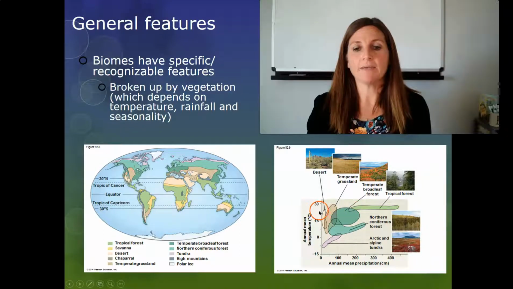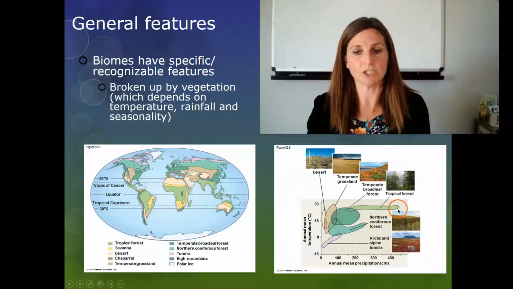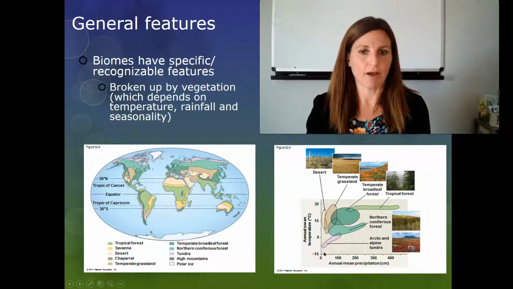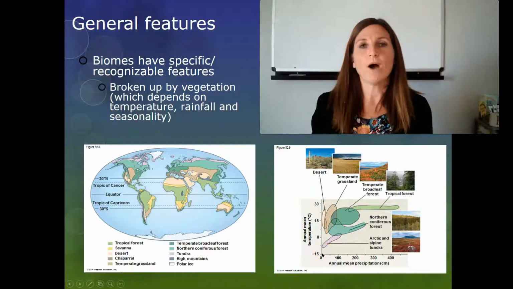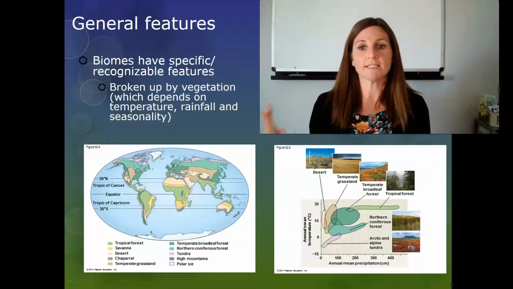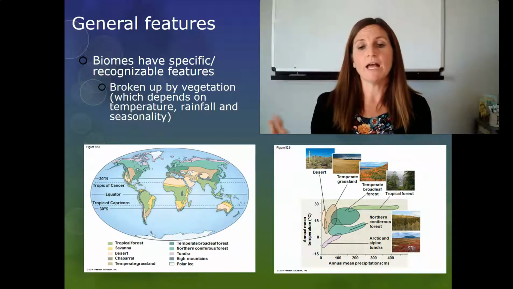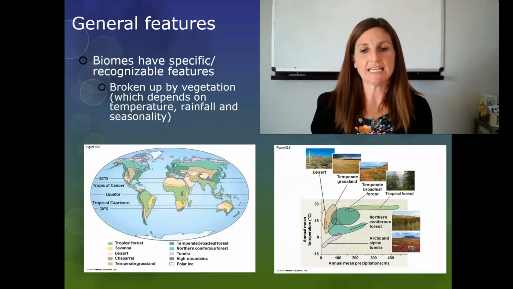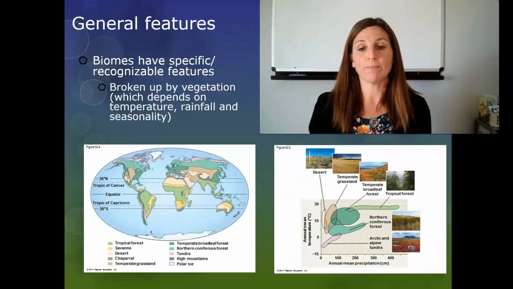As we look, what we're going to see is that, for example, the tropical forests are going to be up here in this higher region of temperature, but also in the higher region of annual precipitation, where a desert is going to be in the high to mid temperature range, but on the very lowest amount of precipitation. So one metric alone, just temperature or just rainfall, can't necessarily indicate what kind of a place you're in.